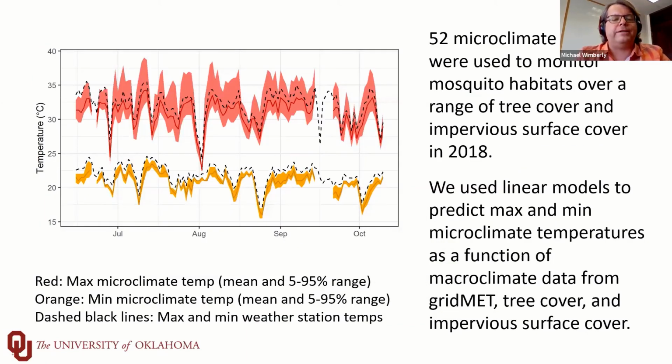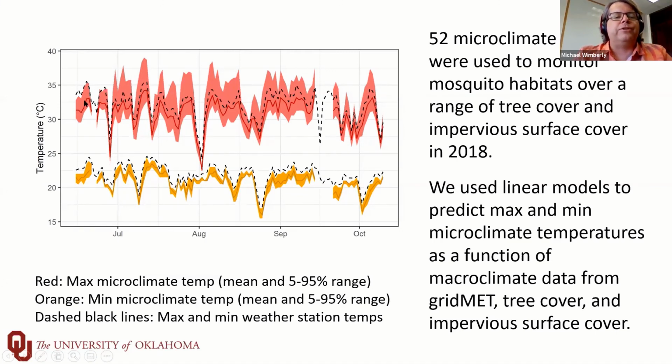Here's some of that meteorological data. This is data from the mosquito season in 2018. This dashed black line is data from the UGA weather station, essentially a rooftop right in the middle of Athens, close to downtown.